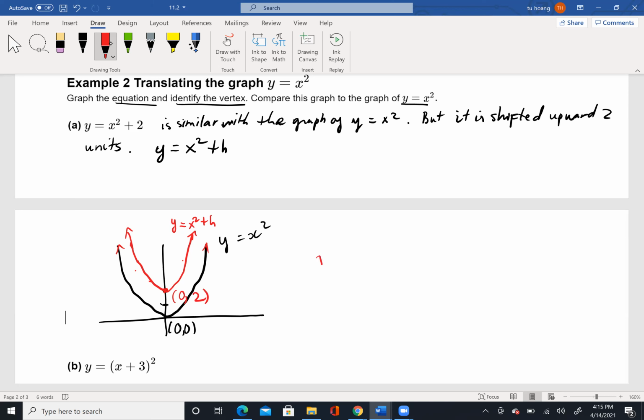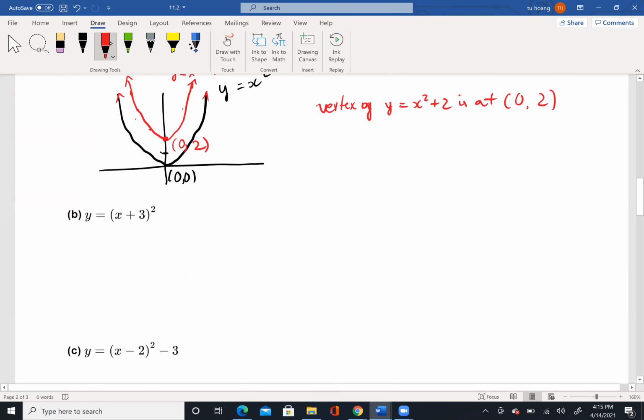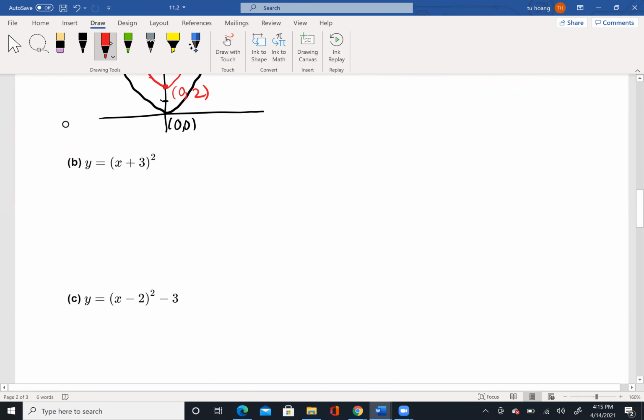So the vertex of y equal to x squared plus 2 is at 0 and 2. Okay, so let's move to B.